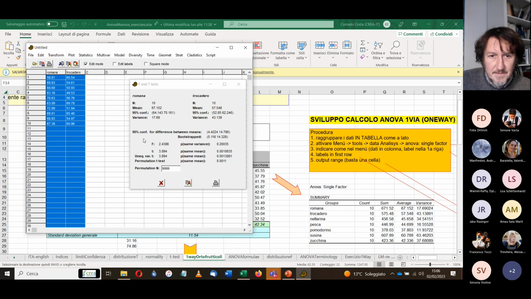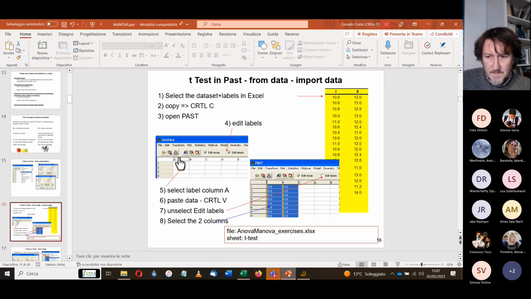And we have the F test, the homoscedasticity test, that confirms the null hypothesis of same variance. So I have to look at this row, t-test, that is the homoscedastic t-test. The null hypothesis is the same mean, and this null hypothesis is rejected because the value here is lower than 0.05. It is also lower than 0.01, so it is highly significant. Okay, so let's go on.